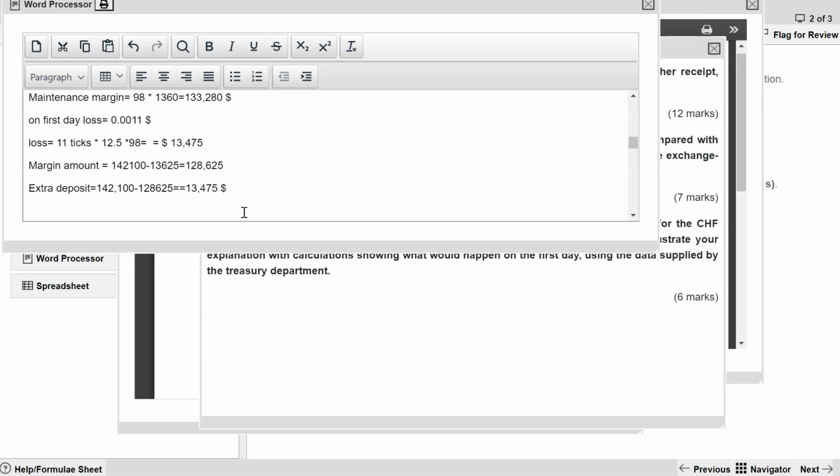It depends. You can write in both ways. You can deposit some extra amount to bring your balance to the maintenance margin or to the initial margin, because in the question there is no such thing stated. So you can write according to either of the benchmarks.